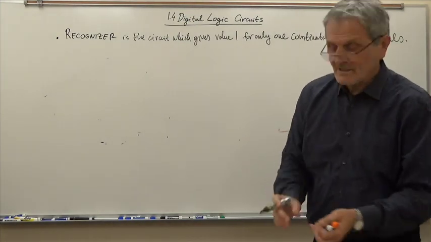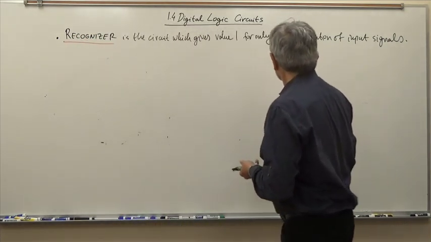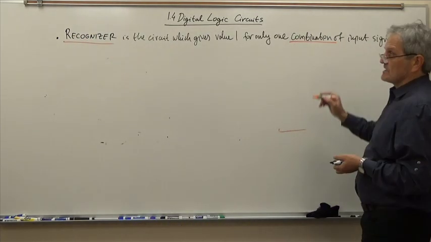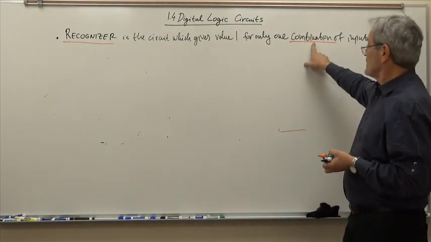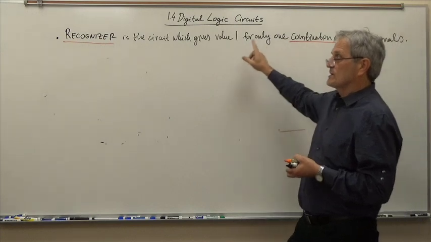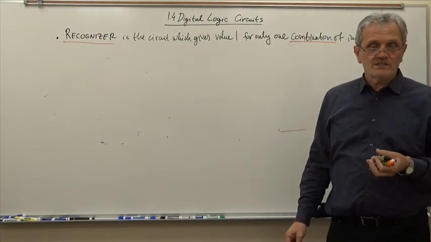And that's why the name comes, because that recognizer is the circuit that recognizes that combination. So if I see a recognizer, I can tell you which combination it is, and the other way around, if I see the combination, I can tell you what the recognizer is.